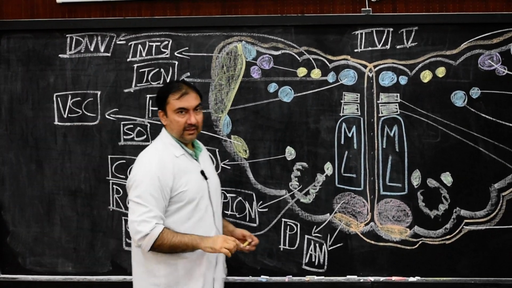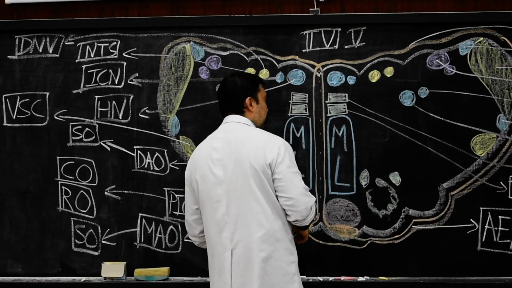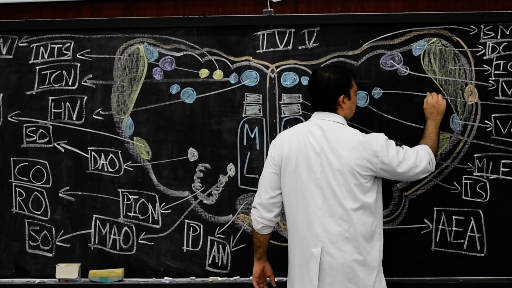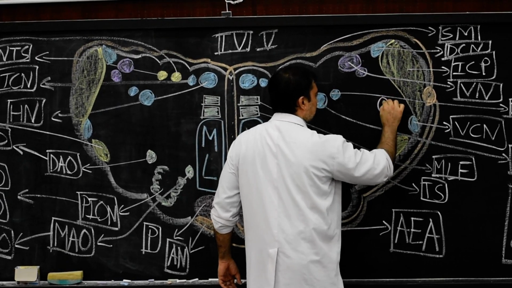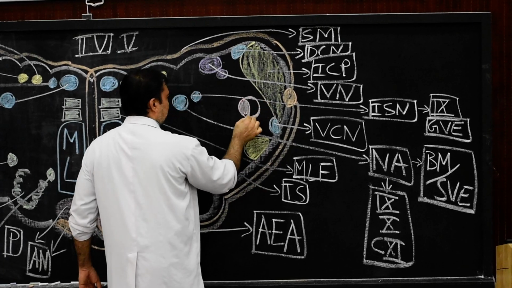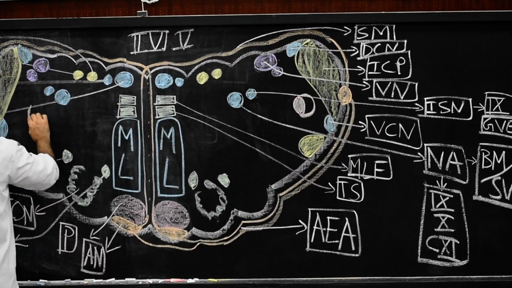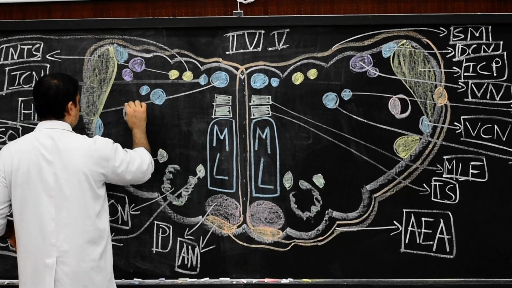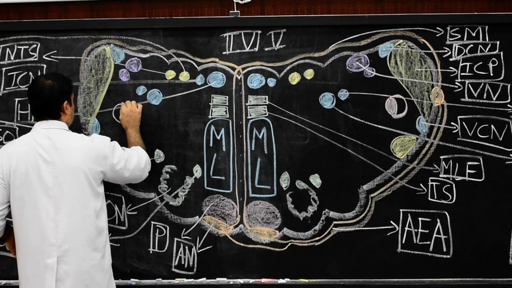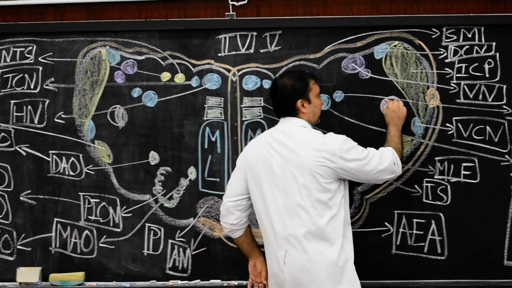Now the second point, the spinal nucleus and tract of the trigeminal nerve, which I will make over here. This is the spinal nucleus and this is the tract of the trigeminal nerve. In the same way on this side you have to draw the spinal nucleus as well as the tract of the trigeminal nerve. This is very important.